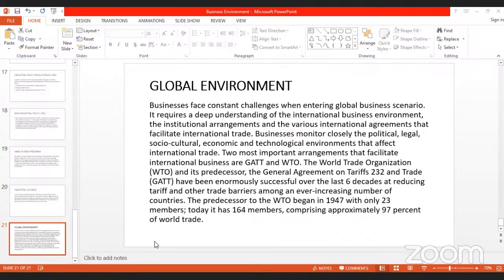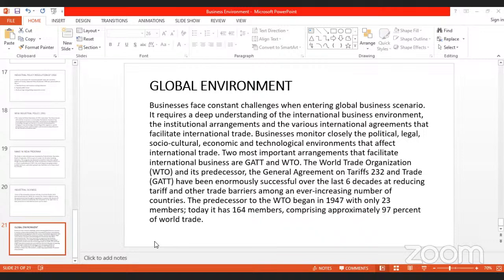Next function is implementation and monitoring. Once the agreements are negotiated between the countries, the job of WTO is to ensure that the signatory countries adhere to the commitment in practice. It also produces research based on the impact of the agreement on the economies of the countries involved.